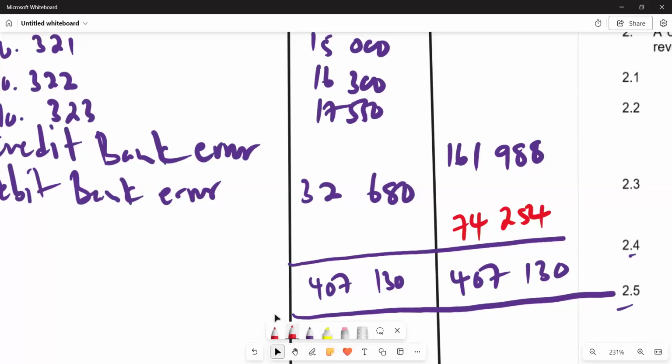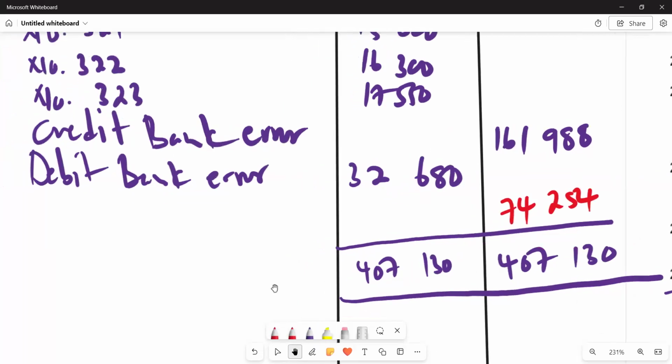And on the description, remember, this balance is a debit balance on our bank statement, because the CD is on the credit, but the BD is on the debit. So it's a debit balance. But in our cash book, it will be a credit balance. It will be the opposite.